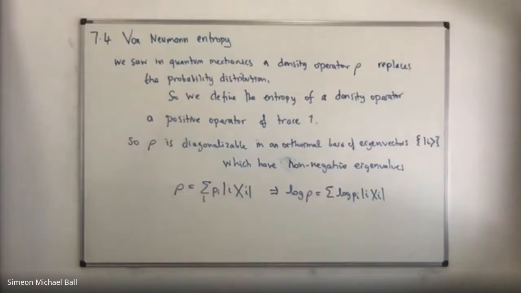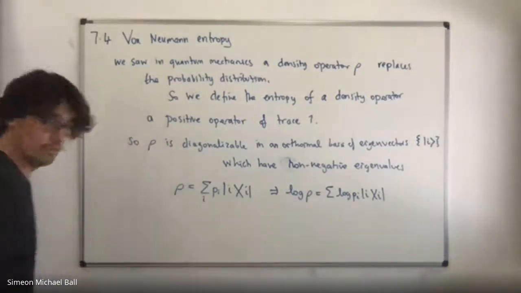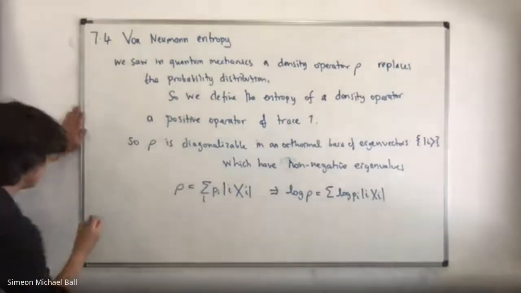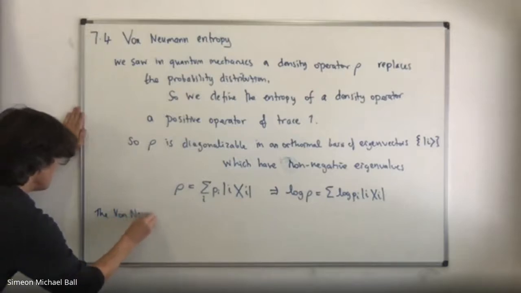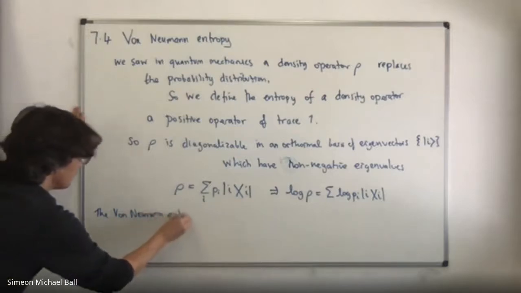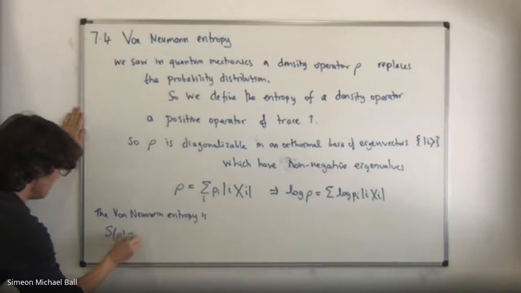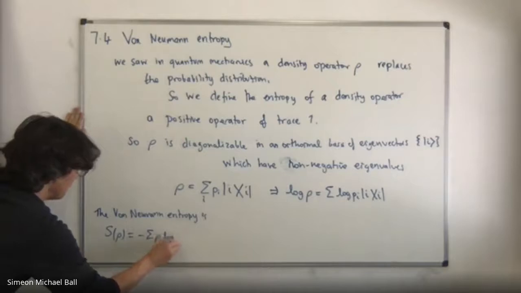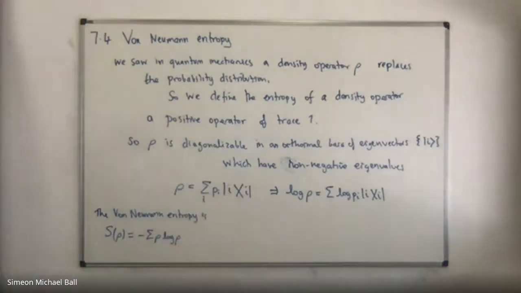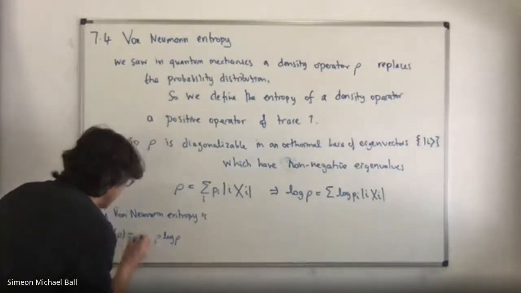Now, there's a very fancy definition, which is going to end up being the definition you thought it was going to be. But let's do the fancy way. The von Neumann entropy then is going to be minus the sum of log. Oh, sorry, missed the trace. That's some trace. Minus the trace of rho log rho.